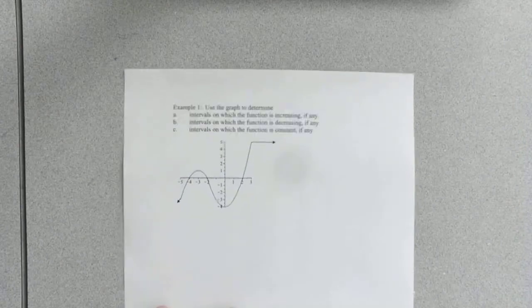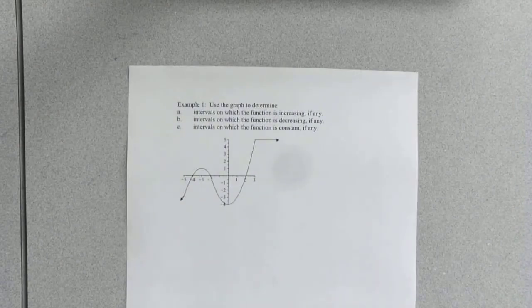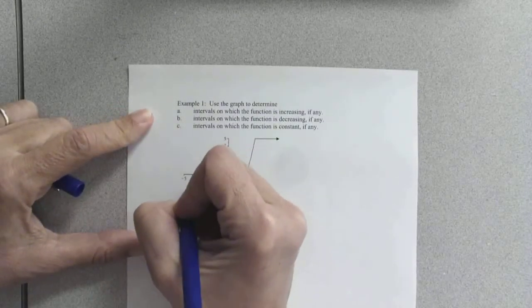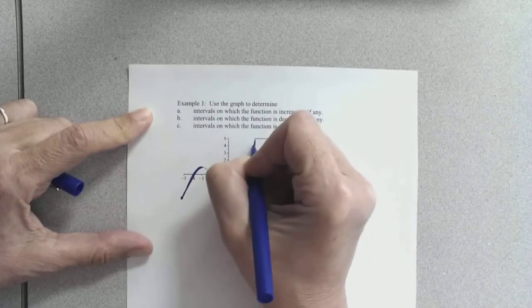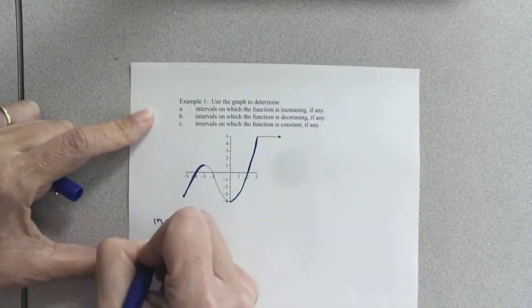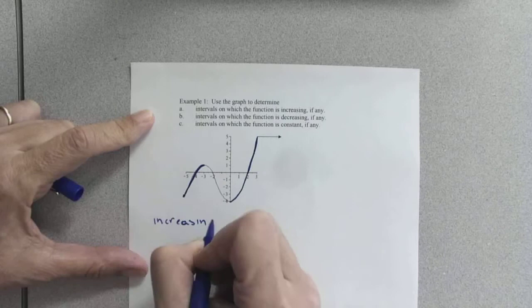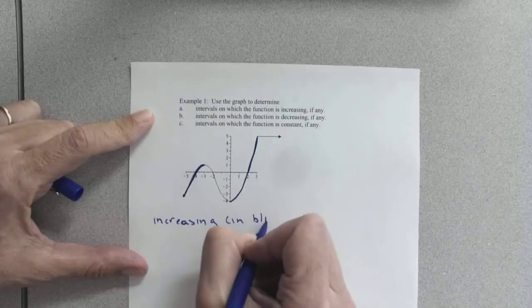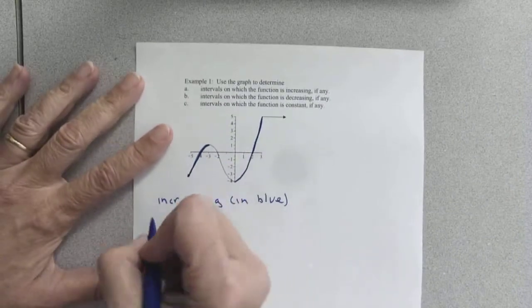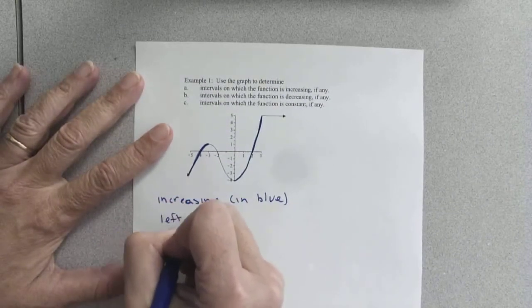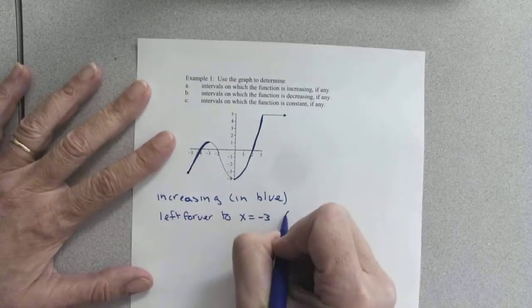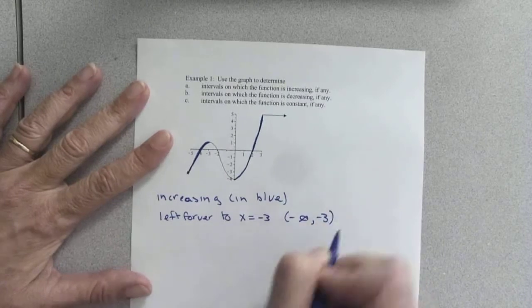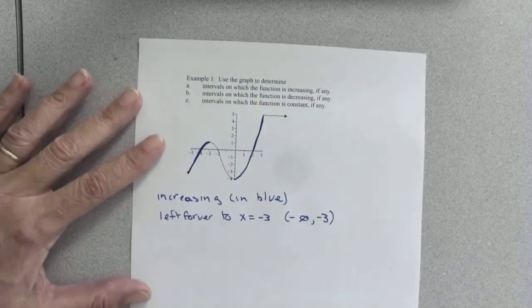Okay, example 1. Use the graph to determine where it's increasing, decreasing, constant. So let's do increasing first. We'll do increasing in blue. There. And there. So on the left forever, to x equal negative 3, or we would write that as negative infinity to negative 3 with parentheses.